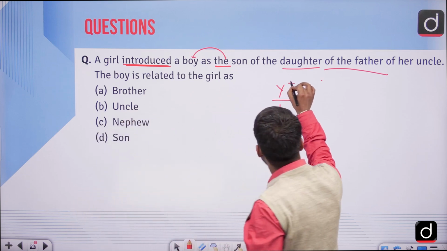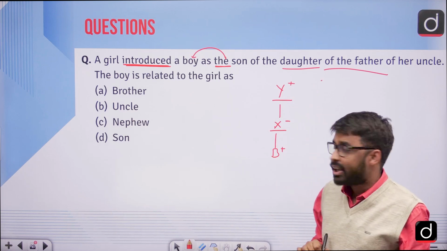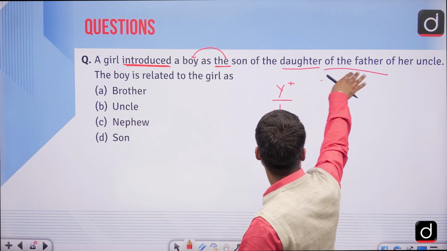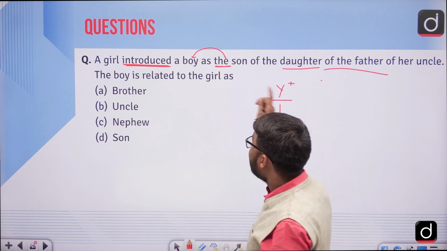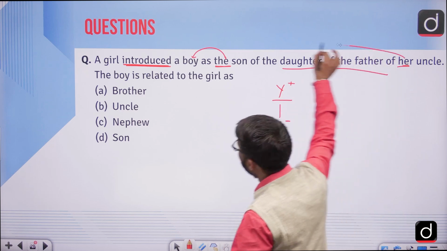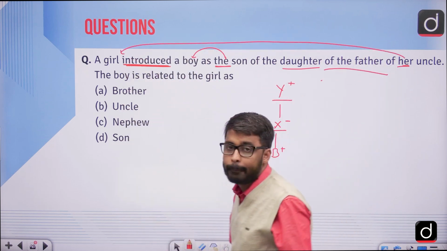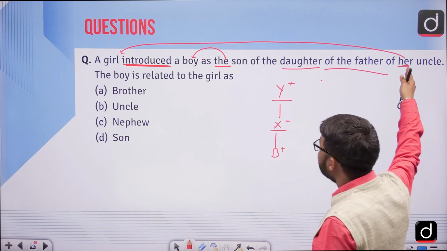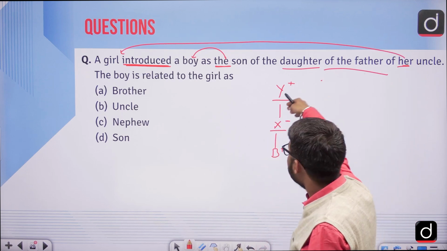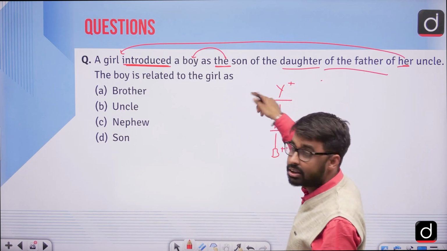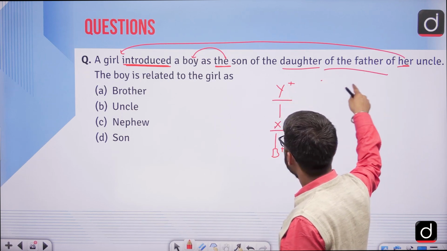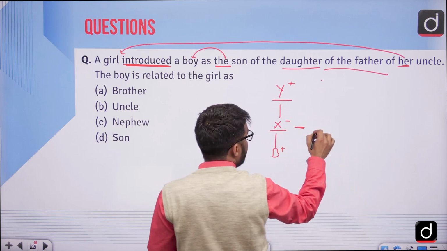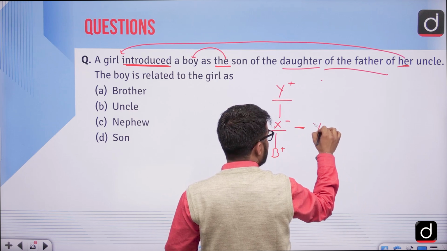I'm calling that Y male because Y is going to be father of her uncle. Now this her keyword is actually used for this girl. So for this girl's uncle, father of her uncle. So now can I call that uncle as Y?